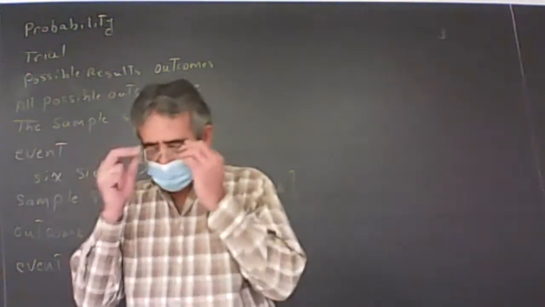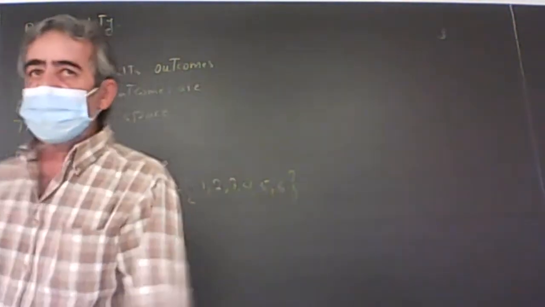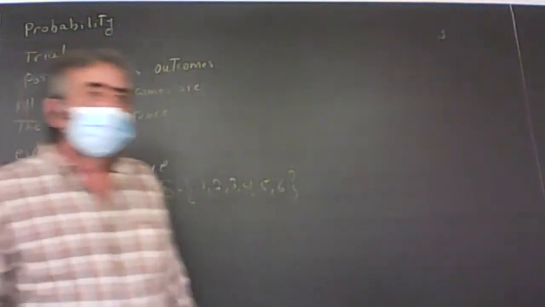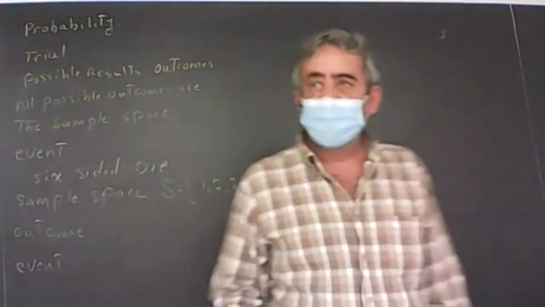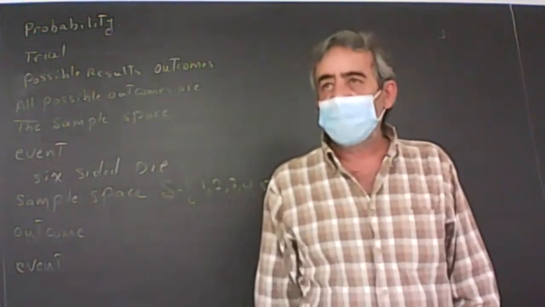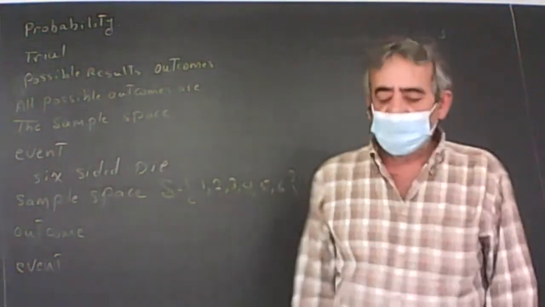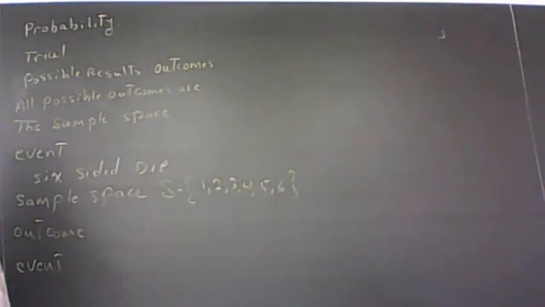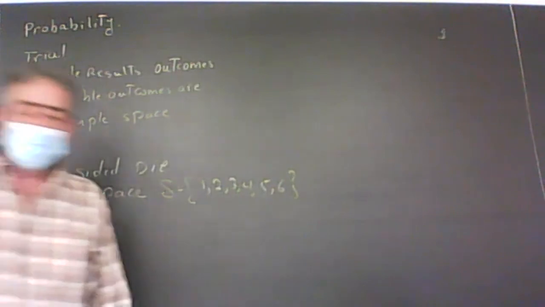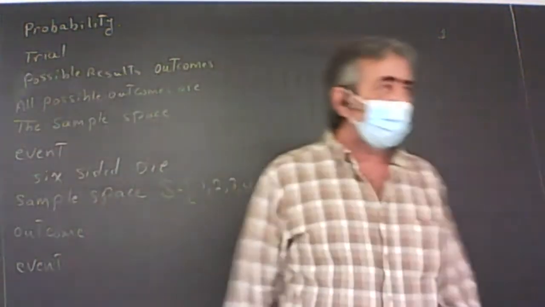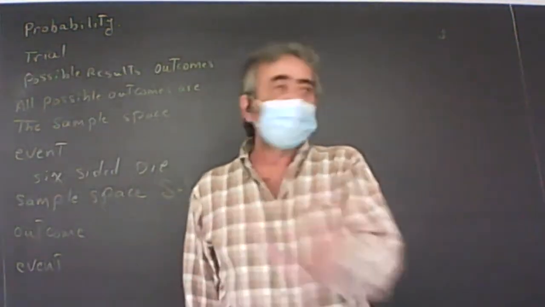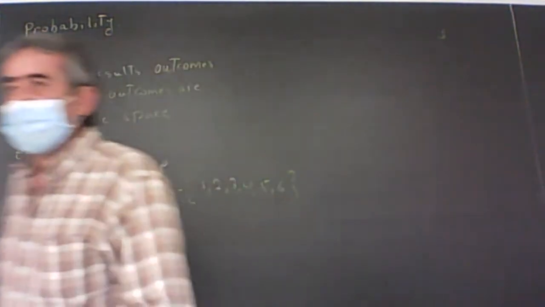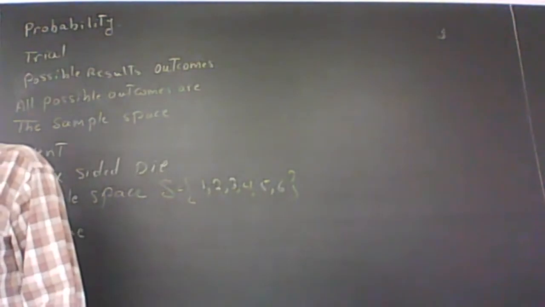If you have a coin and you toss it, how many outcomes could you have? 2 outcomes. They could either be head or tail. If you have 2 different coins, let's say a quarter and a nickel, and you threw them on the floor, what kind of outcomes could you have?